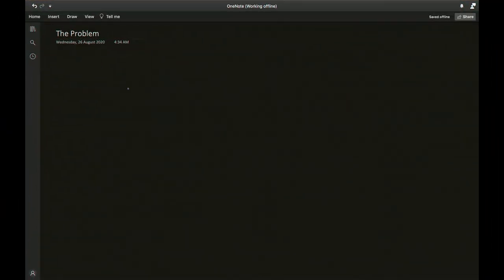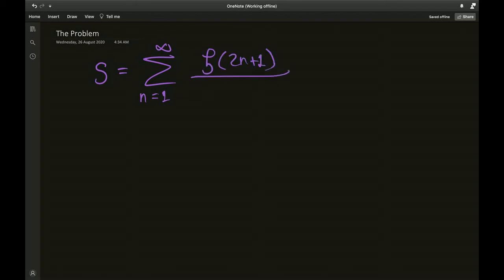Okay, so it might seem ages, but after ages we're actually calculating an infinite series S that's defined as the sum from n equals 1 to infinity of Riemann Zeta of 2n plus 1 divided by 4 to the n times (2n plus 1).